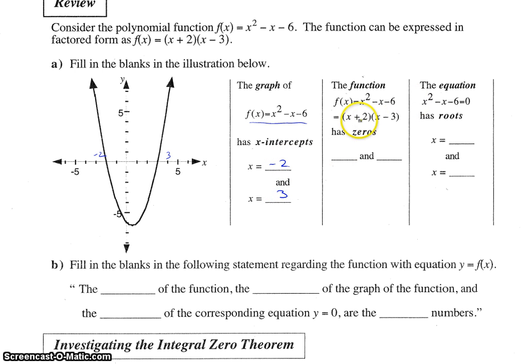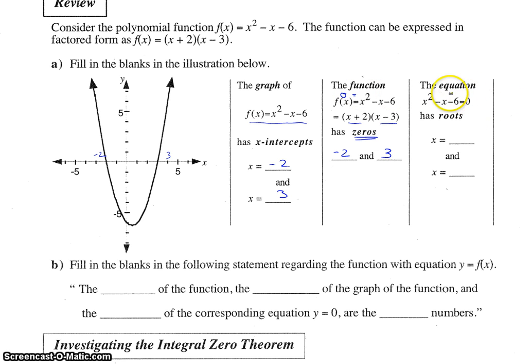The zeros of the function, see how we factored the function, x plus 2, x minus 3? The zeros are found by setting each of those factors equal to 0, and you would get -2 and +3. So that's what zeros are, basically when the function is set to 0.